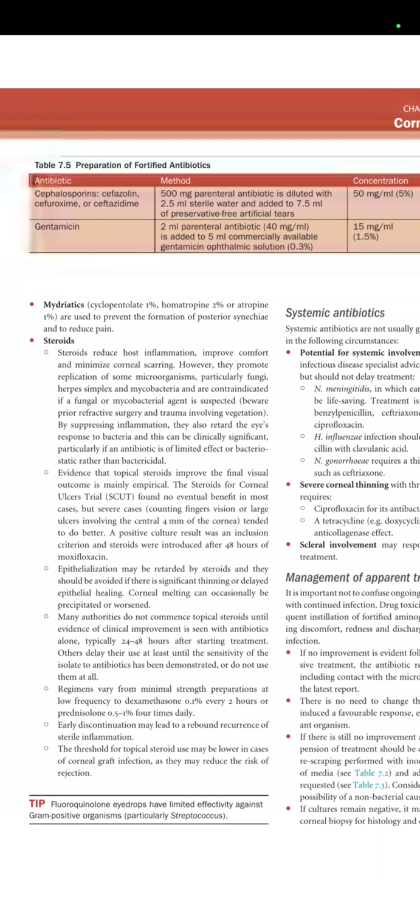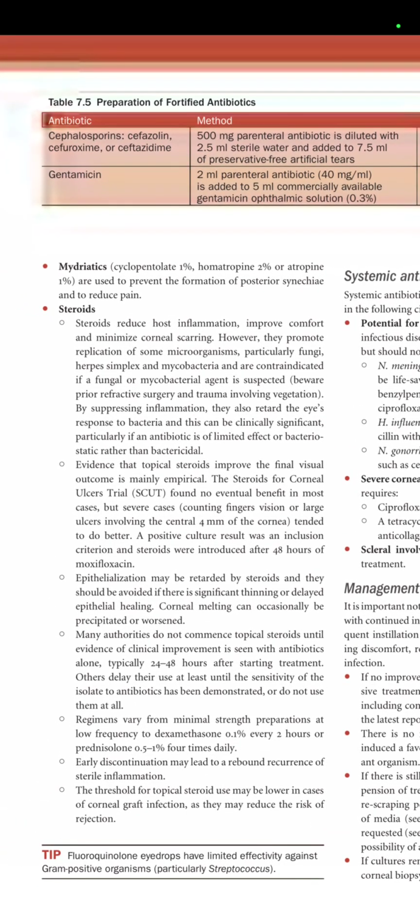Then there are mydriatics. Mydriatics are cyclopentolate 1%, homatropine 2%, or atropine 1%, used to prevent the formation of posterior synechiae and reduce pain. So basically mydriatics are used to reduce the pain.